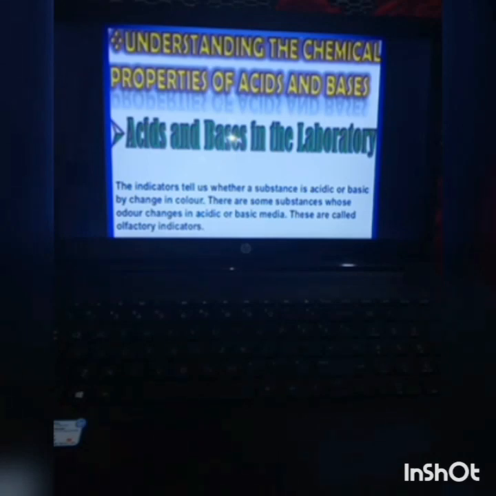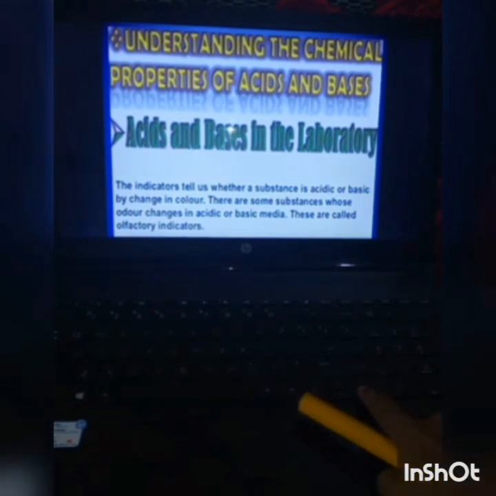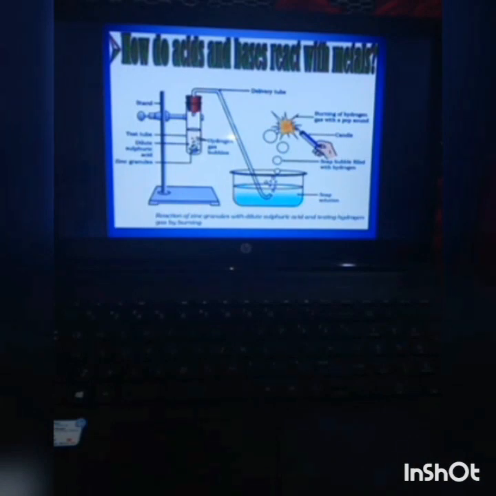There are some substances whose odor changes in acidic or basic media. These are called olfactory indicators. So the first chemical reaction is how the acid and base react with metal.